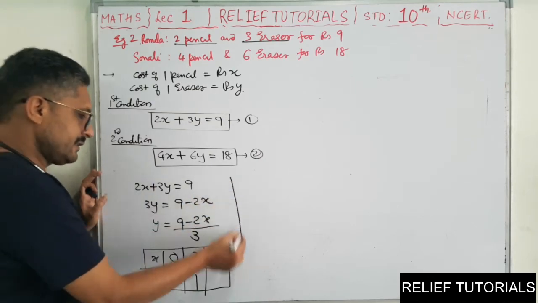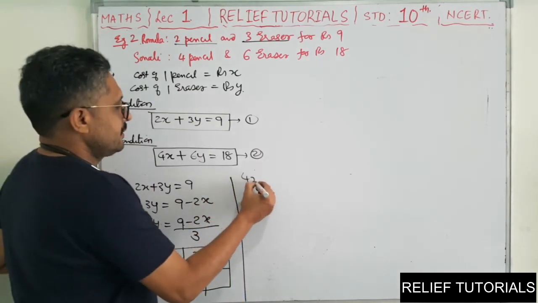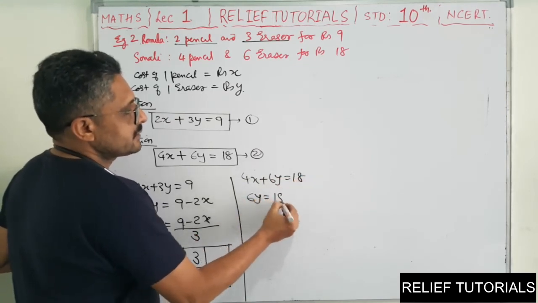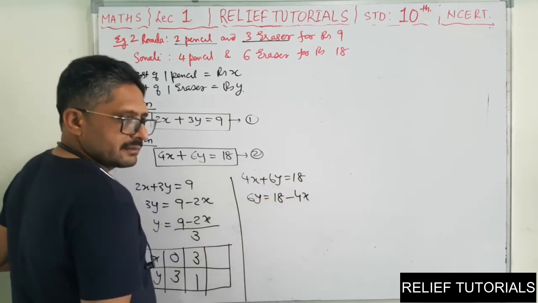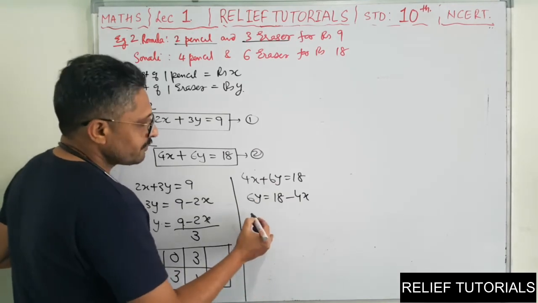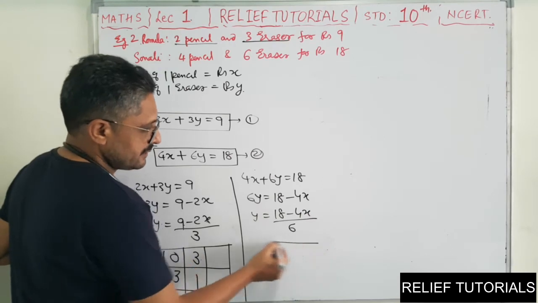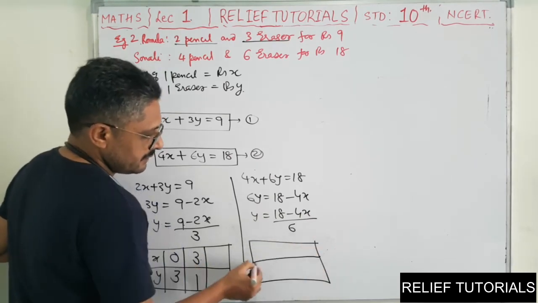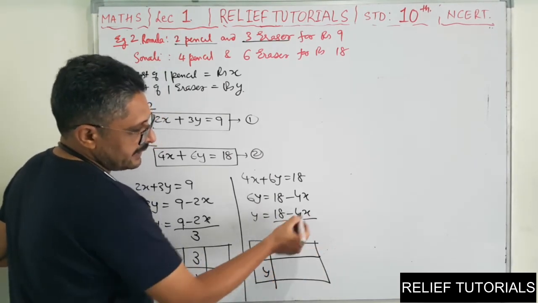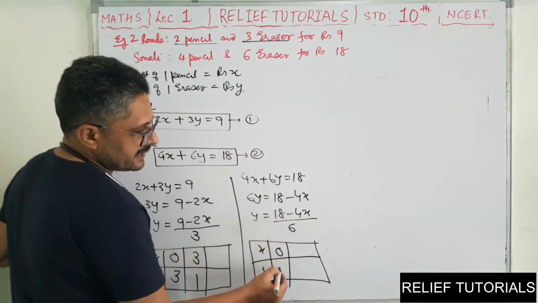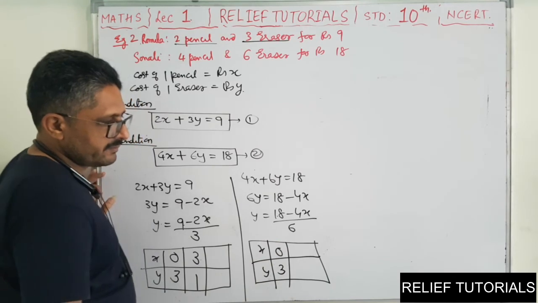So this is the case for the first equation. Now for the second equation. 4x plus 6y equal to 18. 6y is equal to 18 minus 4x. No need of this, but even though. y is equal to (18 minus 4x) upon 6. x is 0: 4 into 0 is 0, 18 upon 6 is 3.